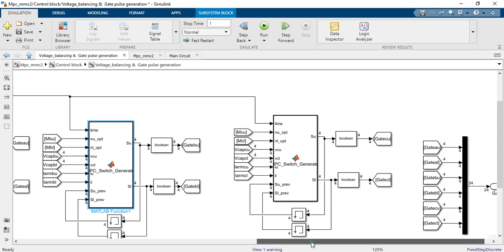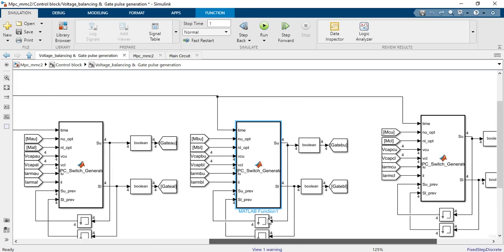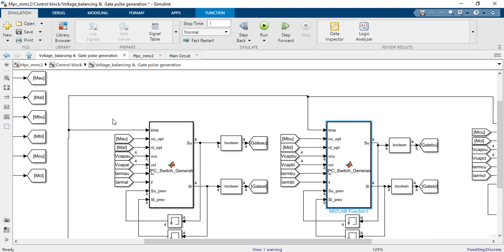For each upper arm and lower arm, we basically have three switching states, or the submodule voltage balancing states. We also need to give them a feedback so that the controller tracks what the previous state was and what our current state is. This is necessary, right? So we have MUA, MLA. These are the modulating signals of the upper arm and the lower arm.